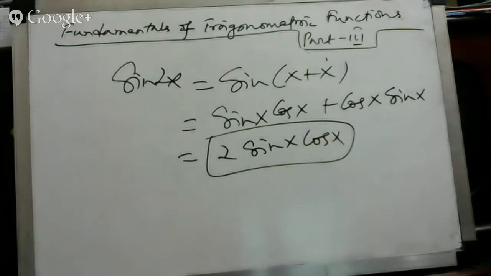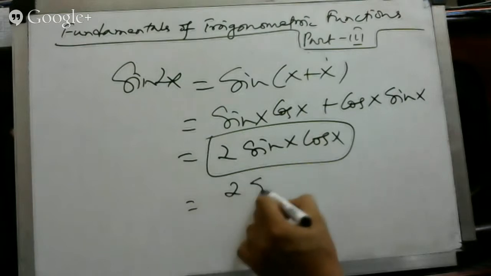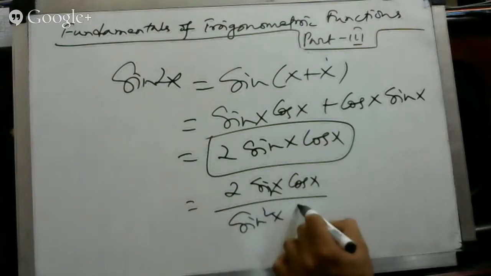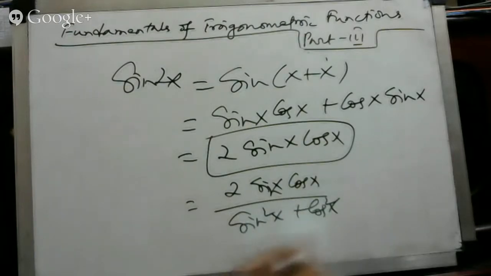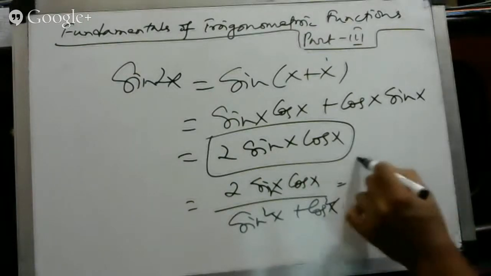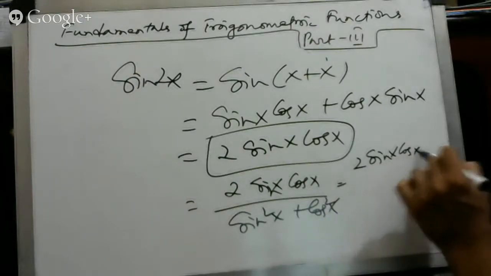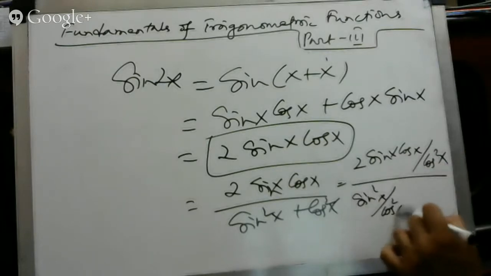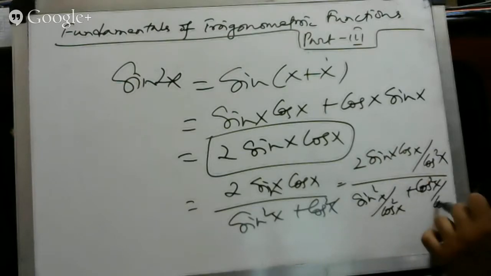Now, similarly, we can extend this further: it is equal to 2 sin x cos x divided by sin square x plus cos square x, because this is 1, and then dividing each term by cos square x, this becomes 2 sin x cos x divided by cos square x, divided by sin square x by cos square x plus cos square x by cos square x.